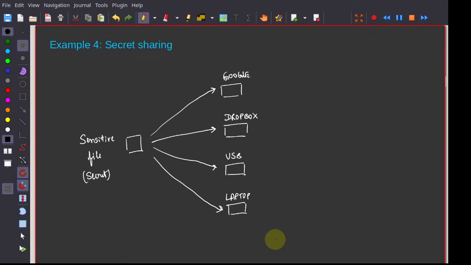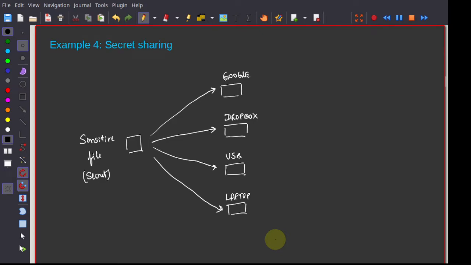So here's an example. It's a classical computer science example of secret sharing. So you have a sensitive file, okay? That I call a secret, and I have a number of places where I can store this.